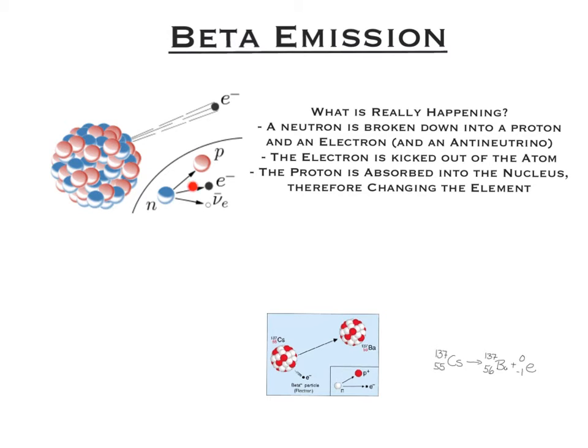A proton, an electron, and an antineutrino. Now, the electron is what is kicked out of the atom. The antineutrino is as well, but we're only focused on the electron. The electron gets kicked out of the atom, and then the proton that was created from the neutron gets absorbed into the nucleus. So therefore, that's going to change our element.